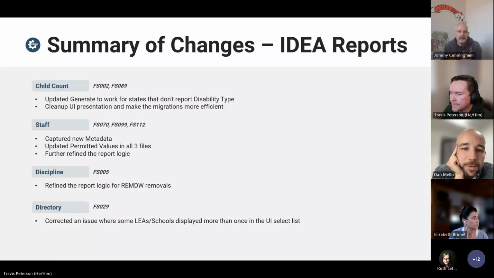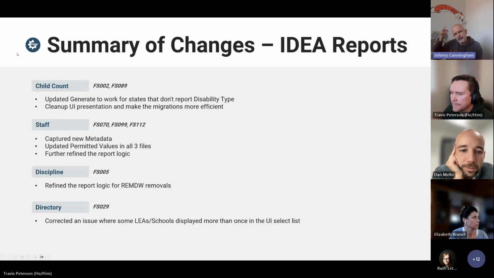And then for staff, it was almost entirely metadata related because there were a couple of permitted values that changed. They changed the school year permitted values to match the changes that were made to child count last year. So we made those changes.